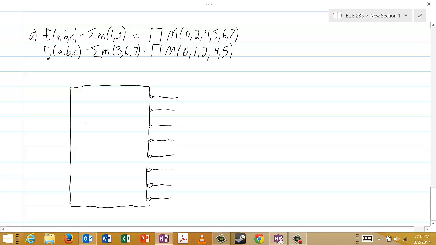And recall that since we have inverted the outputs, now the outputs will be capital M0, capital M1, capital M2, 3, and so on.